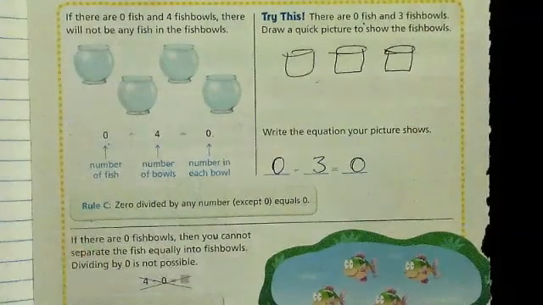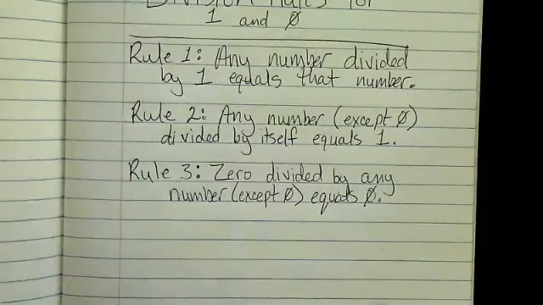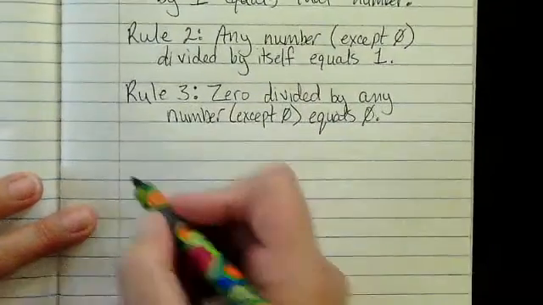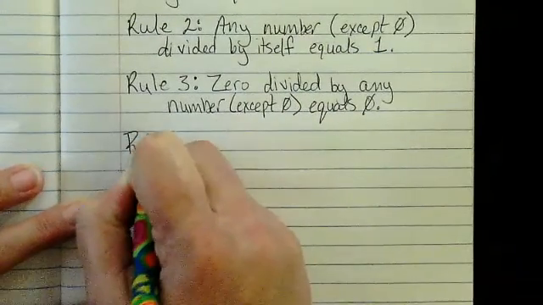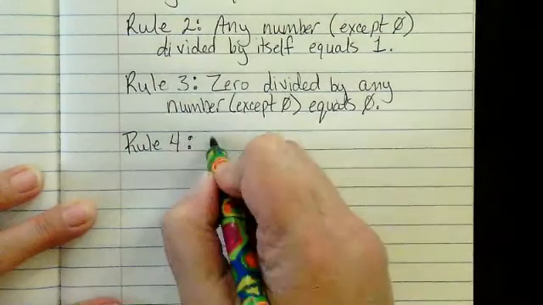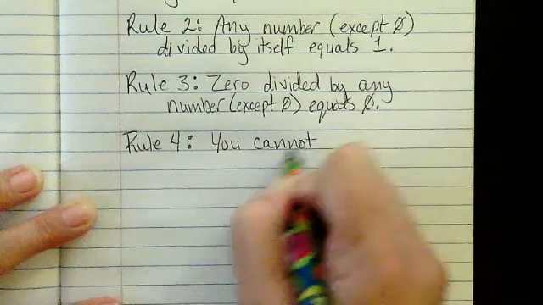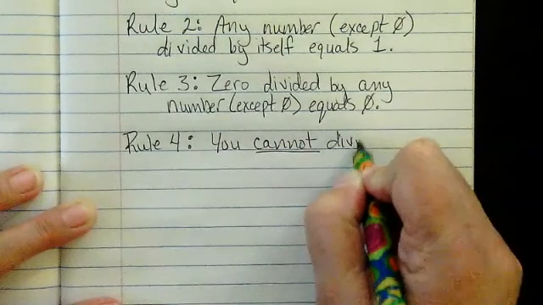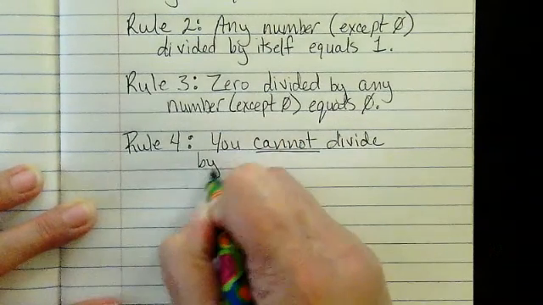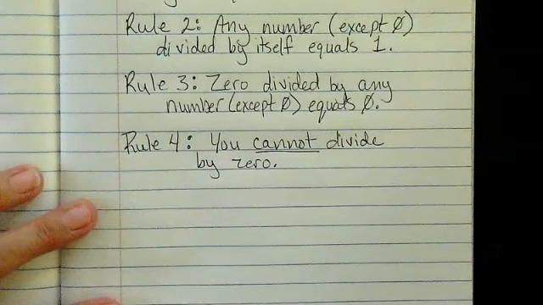All right. Let's do the last rule. Here we go, back to our journal. Rule number 4. You cannot divide by 0.